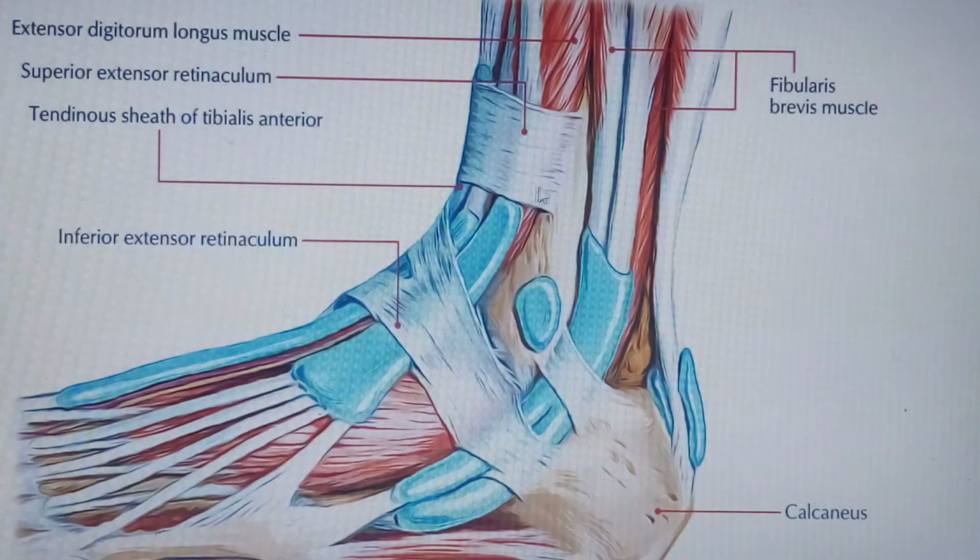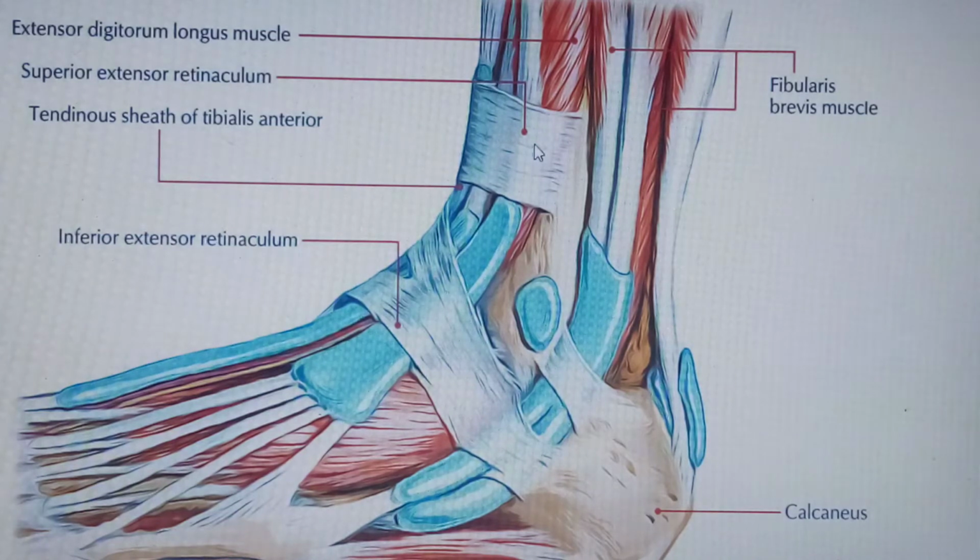So you can see that this is the superior part, this is the inferior part. So we have extensor retinaculum. Now this extensor retinaculum is a broad ligamentous sheet that we are going to find in the ankle area. And as I said, it's going to have two parts, a superior part and an inferior part.